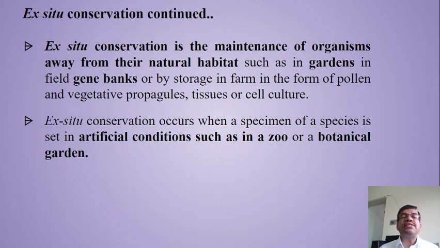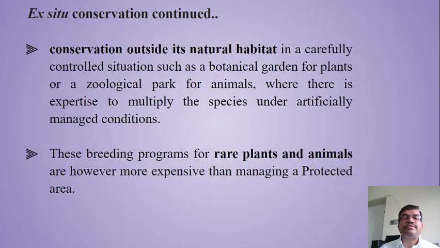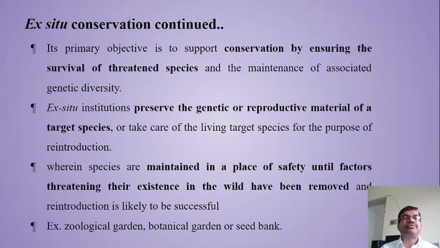On the other hand, ex situ conservation is the maintenance of organisms away from their natural habitat, such as in gardens or in gene banks. It can be a zoo or a botanical garden. So it is nothing but conservation outside its natural habitat, in the form of parks or gardens. Rare plants and animals can also be protected by ex situ conservation.